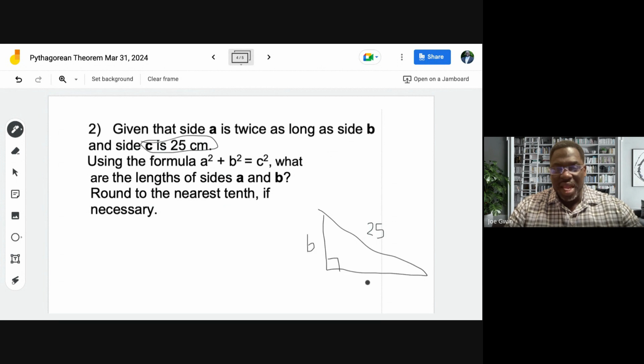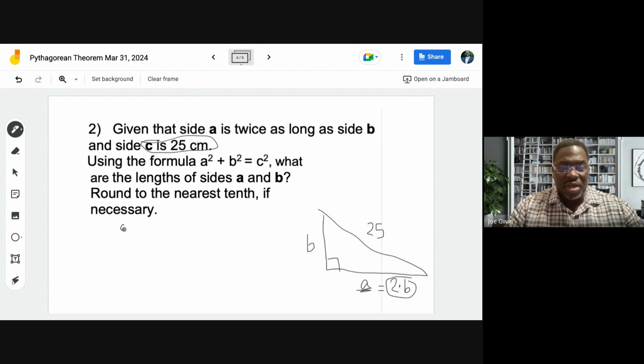We're saying A is twice as long as B. If A is twice as long as B, then it's 2 times bigger than B, so 2 times B. If that makes sense, instead of putting A, we're going to put 2B. Let's go back to this.